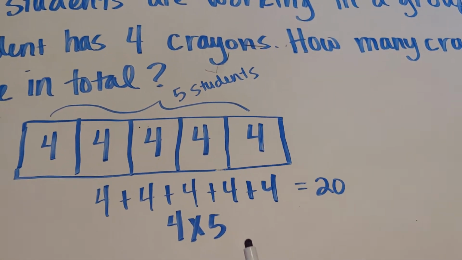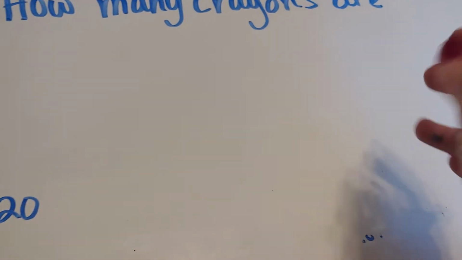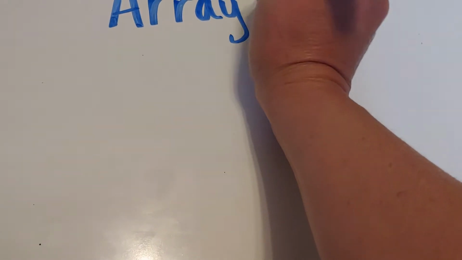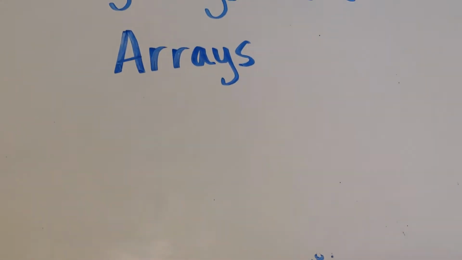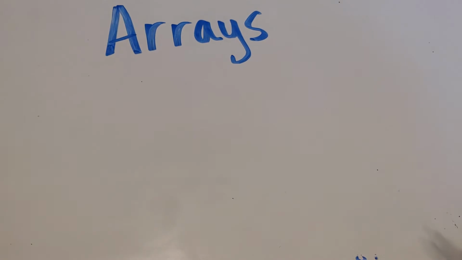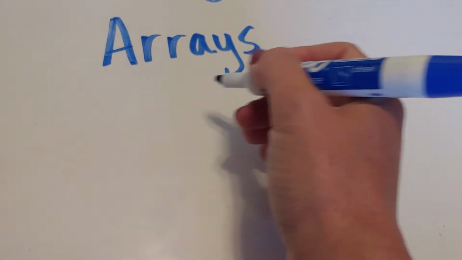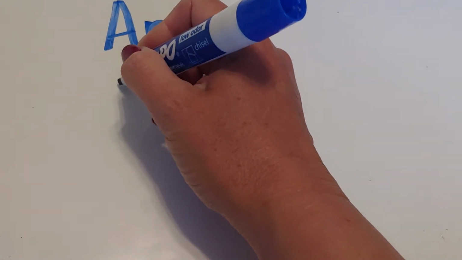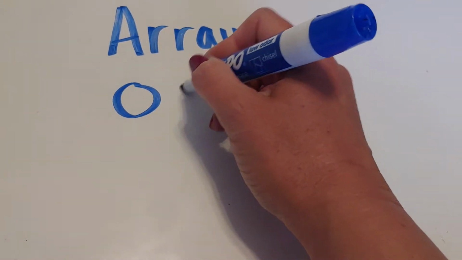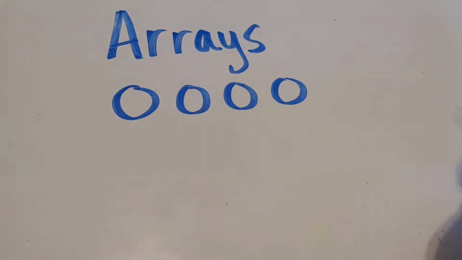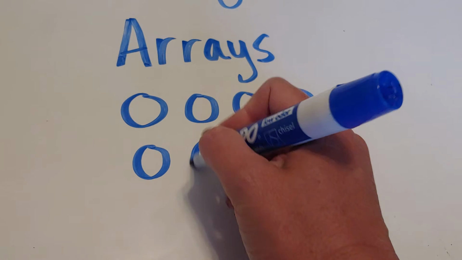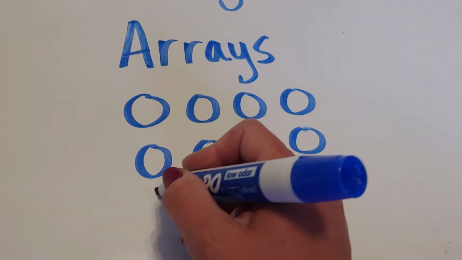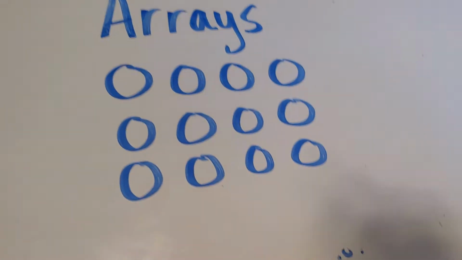Arrays are a popular way in Common Core. And the idea here is that you actually are going to imagine dealing out crayons. So arrays have rows and columns. Imagine that the first person is going to get 4 crayons. So there's their 4 crayons. The next person's going to get 4 crayons. The next person's going to get 4 crayons.